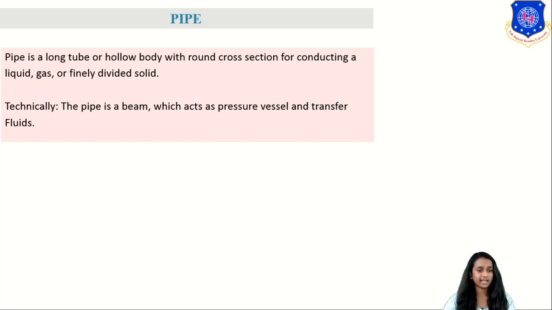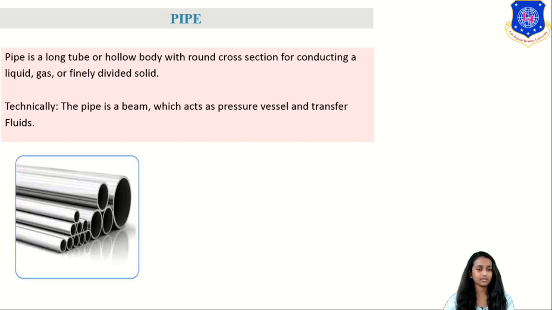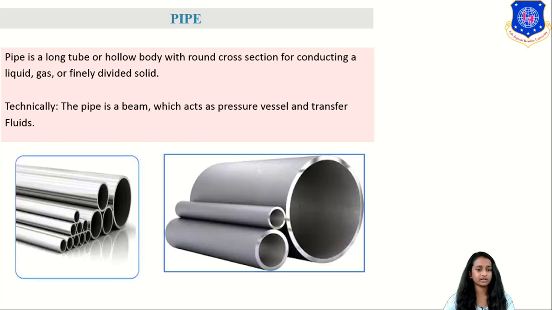Technically, we can say that a pipe is a beam which acts as a pressure vessel and transfers fluids. As you can see from the figure, the diameter and thickness of a pipe vary based on its use.